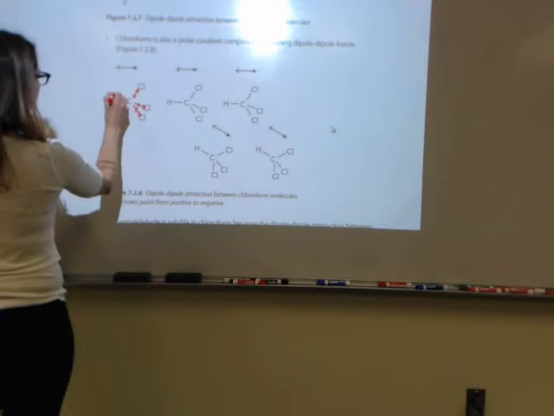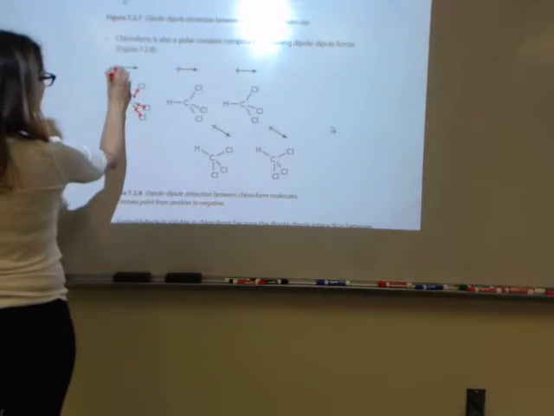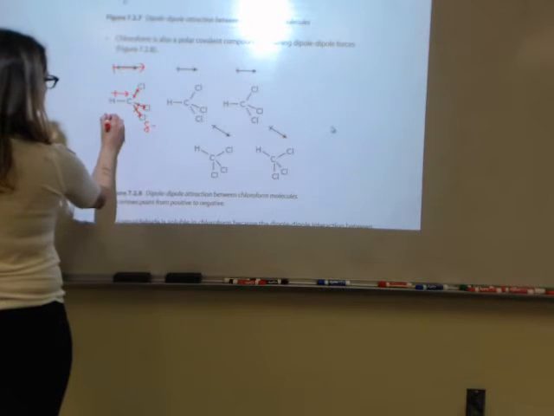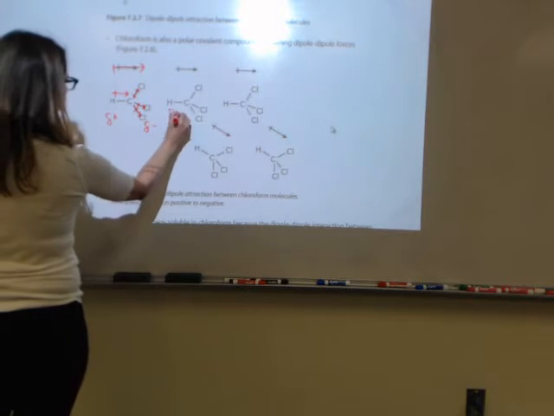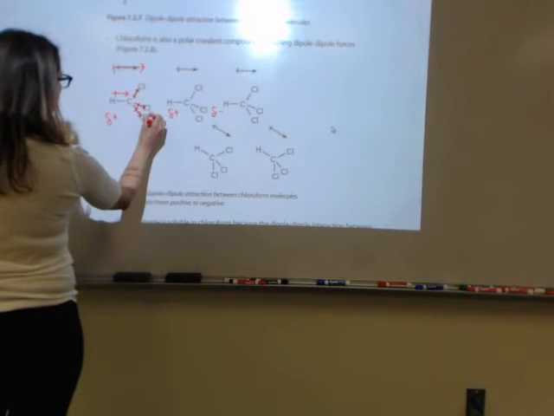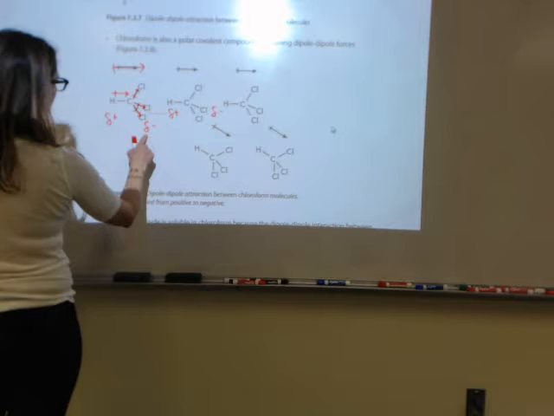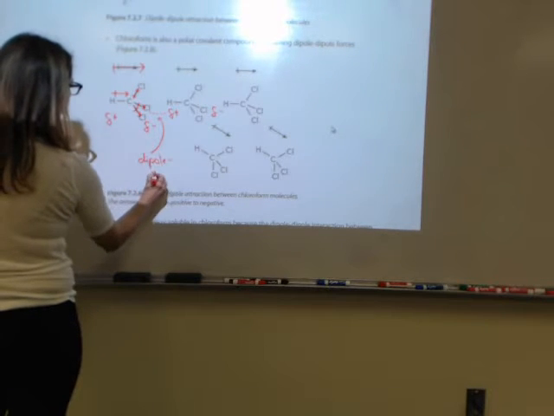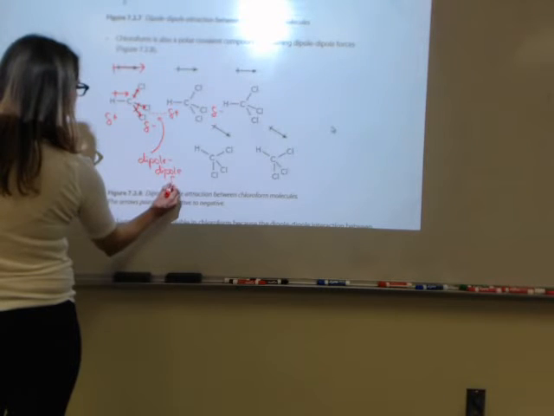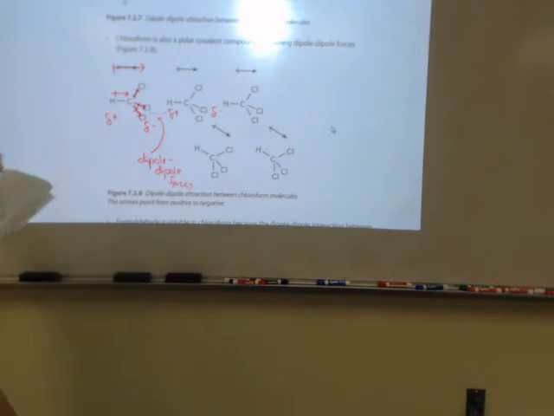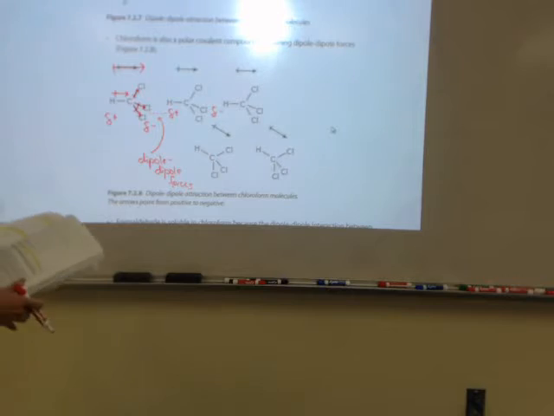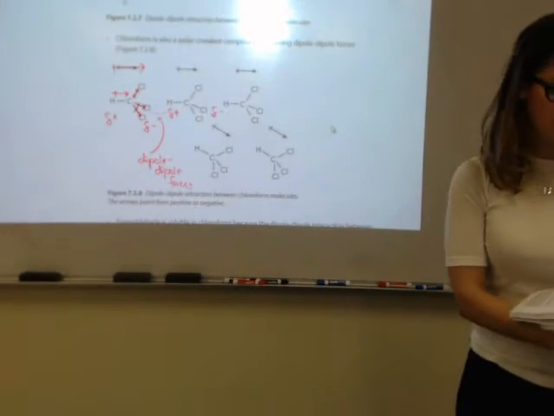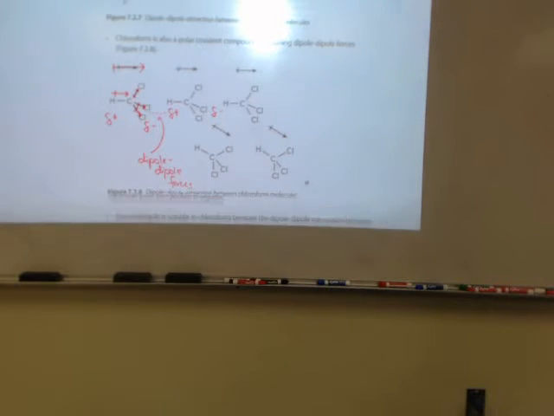So you have the bond dipoles pointing in this direction, which means you have a partial negative end here and a partial positive end here. So you have this attraction between the partial negative and partial positive end of the molecules, and these are your dipole-dipole forces. Now, since you have similar intermolecular force strength between chloroform and your formaldehyde molecules, that means that formaldehyde is soluble in chloroform.